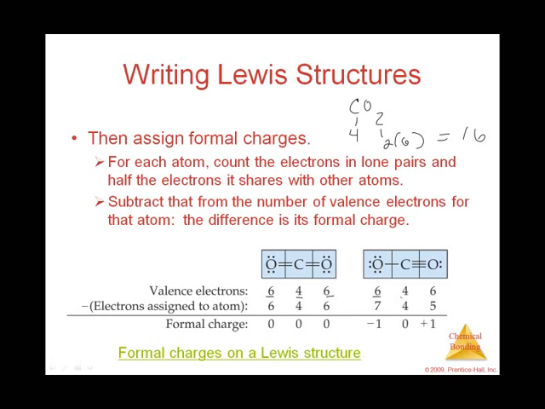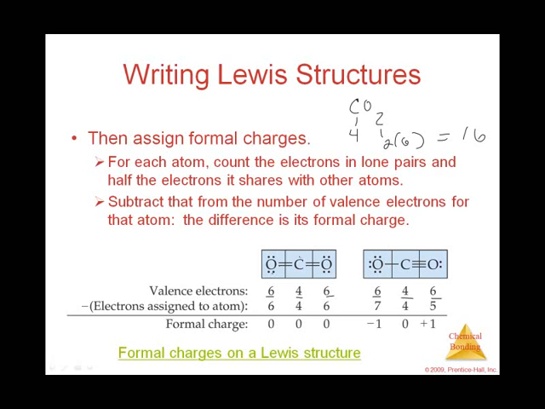Same for both. Okay? Now, if I look at electrons assigned to the atom, I've got to count any lone electrons that are on that atom alone, plus if they're in a bond, I take half of those 2. So I've got 1 here and 1 here, that's 2, 4, and 6. So I also have 6 electrons assigned.